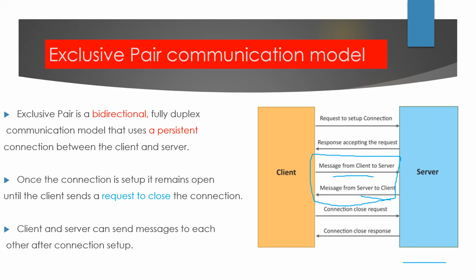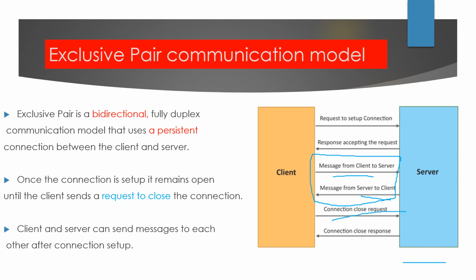it will be sending. Once you think you have completed your communication, and the client thinks that I don't have any data to send, then at that time, to reduce the power consumption, the client will go to sleep mode. So it just wants to disconnect from the server. At that time, the client will be sending a connection close request to the server.